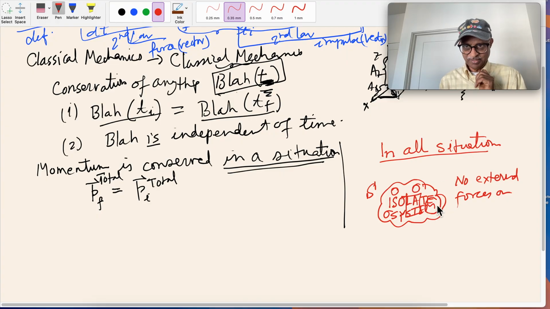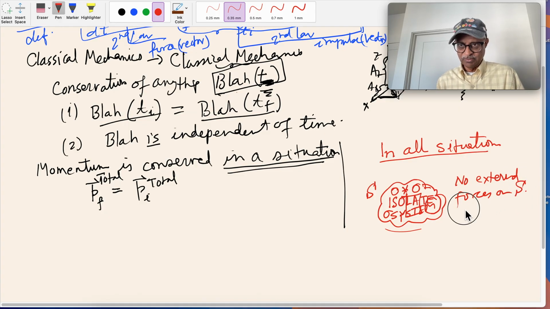Maybe you have Earth here, and maybe you have a star here, whatever. Everything is included. Forces on the isolated system S: for such a system, there is no way to change its momentum.